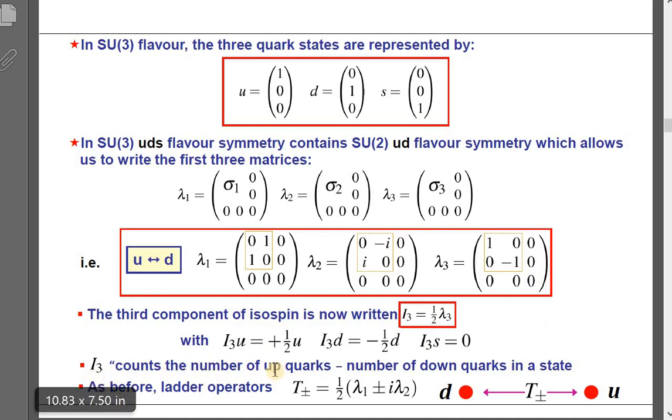Here, I3 counts the number of up quarks minus the number of down quarks in a state. As before, we have defined the ladder operators T plus minus like this: half of lambda 1 plus minus i lambda 2, and its operation is just like this.